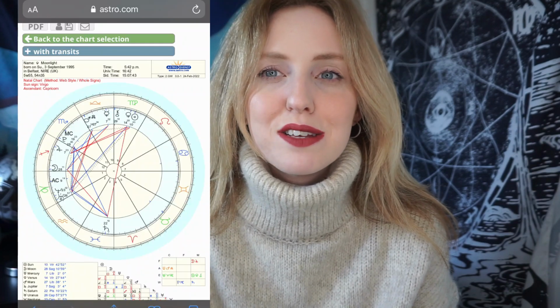Okay, so now we have retrieved the most dominant signs and planets. Let's take a look at the chart to see how these dominant signs and planets came to be. So, as you can see from this chart, I have Capricorn placements, I have Sagittarius placements, I also have planets in the 12th house, the house ruled by Pisces.